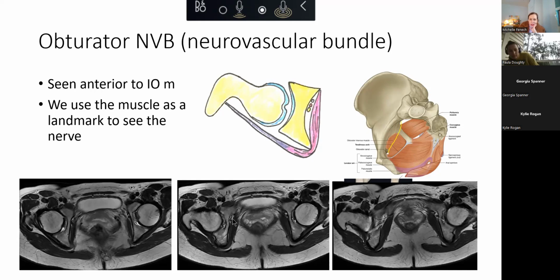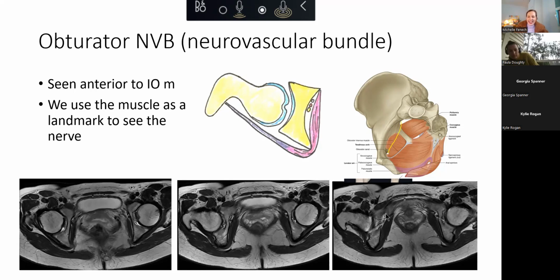On the MR, can you see a little set of traffic lights, a little set of dots just sitting here? Can everyone see those? Yeah. This is a detail that we have to understand in imaging. So that's your right obturator neurovascular bundle. There would be a vein, an artery and a nerve all sitting in there.